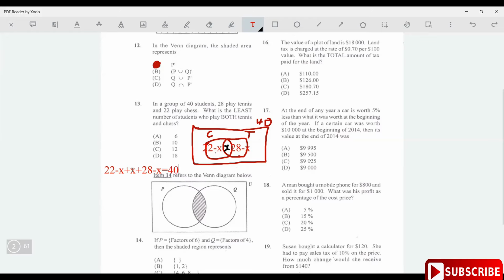And you solve that equation for x. 22 plus 28, that's 50. Minus x minus x is minus 2x, equals 40. And so x equals 10. x is 10. So that means 10 persons play both chess and tennis.